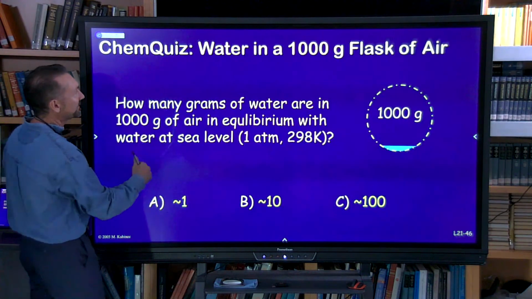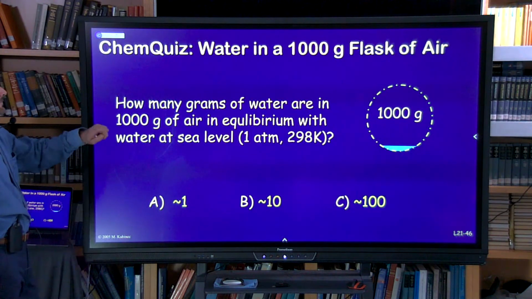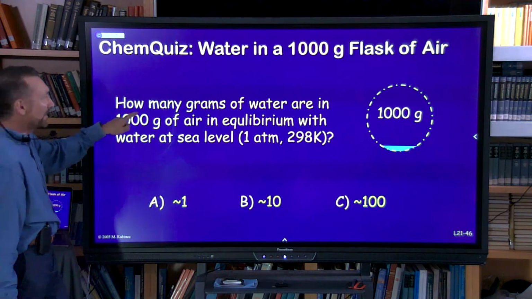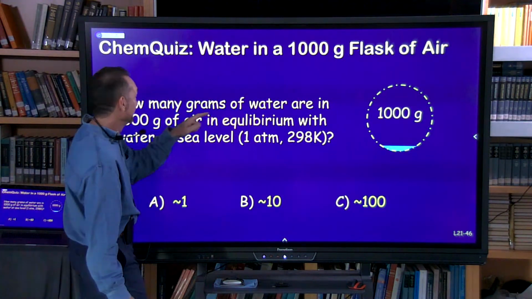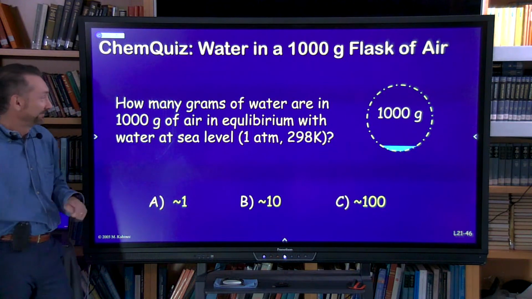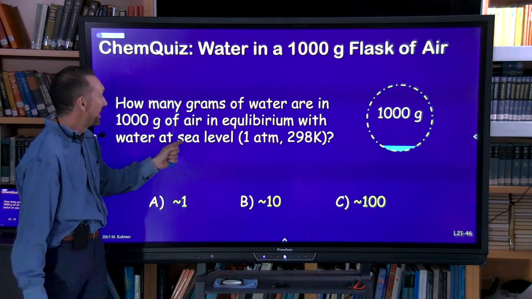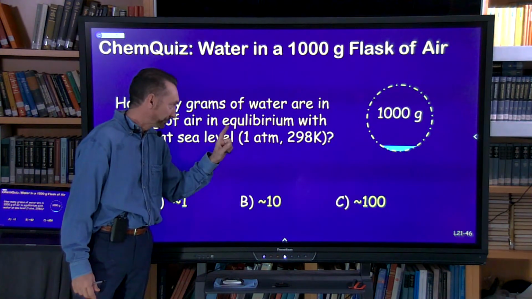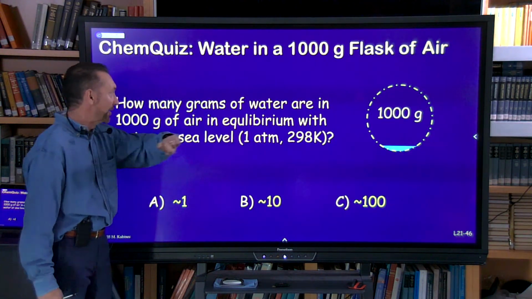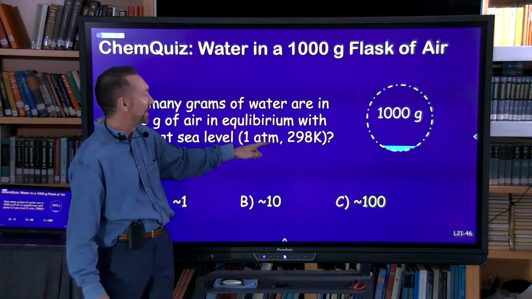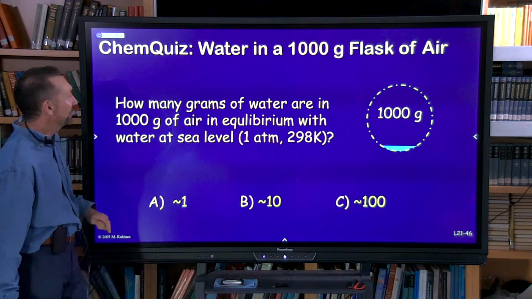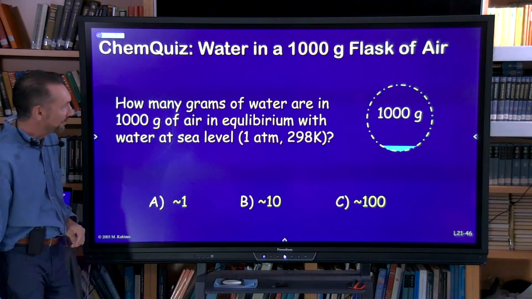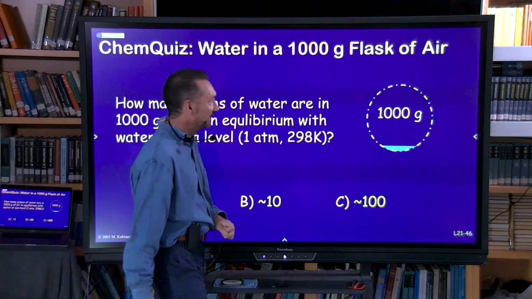Beautiful. Good practice. So let me ask you this then. How many grams of water are in 1,000 grams of air at equilibrium at sea level? So the air pressure is 1 atmosphere, the temperature.